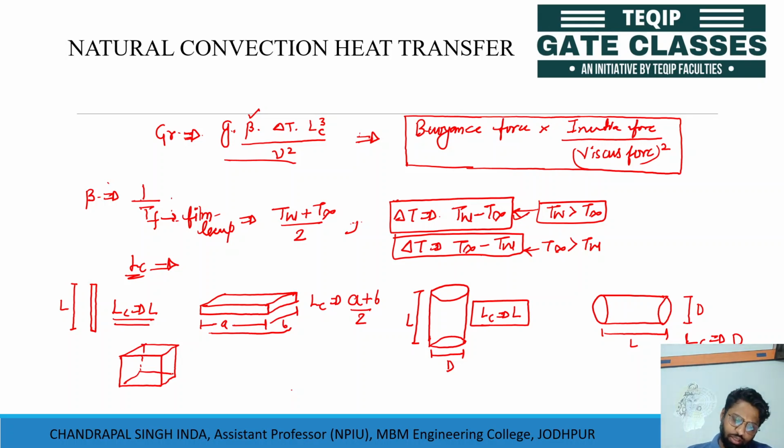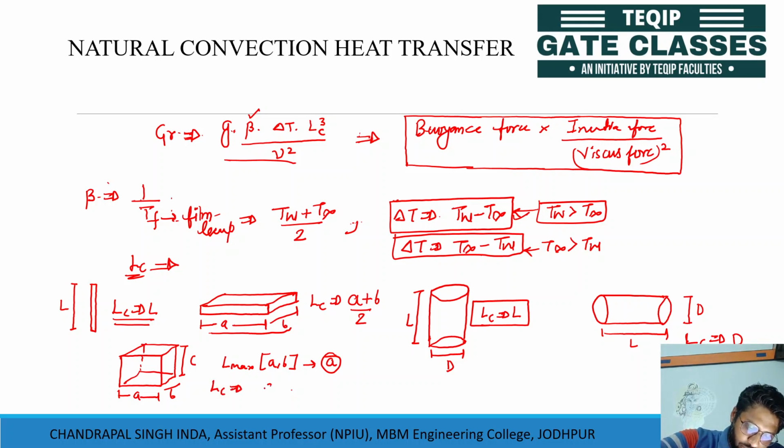And if we have a cube, I'm considering this as A, this as B and this as C. First we have to find the maximum length between A and B. Let's consider this is A, and the characteristic length will be A into C divided by A plus C. So this is how we find the characteristic length for the cube.